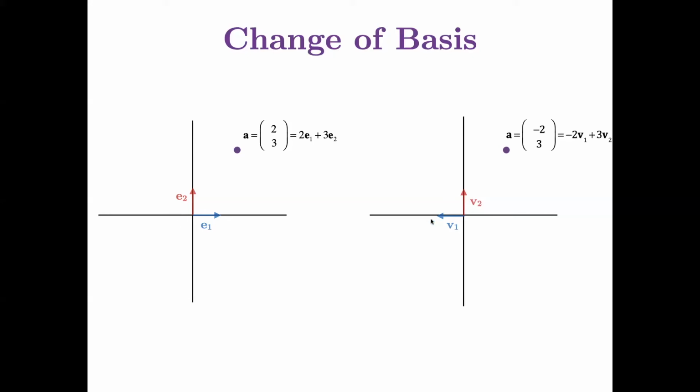Okay, so if the positive direction is over here, indeed, to get to this point, I should go -2 times V1 and 3 times V2, because here V2 is the same as E2. Both of these representations are perfectly fine and mathematically correct.